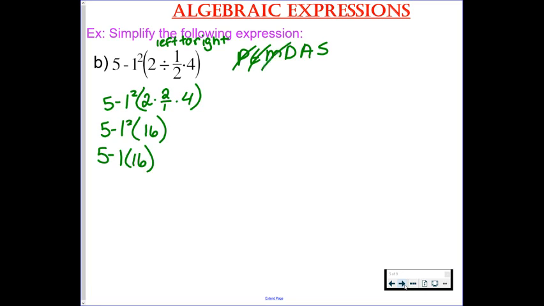Next, I'm going to do the multiplication. 1 times 16 is 16. No division, no addition, last is subtraction. 5 minus 16 is negative 11. So that's how you simplify that expression. Again, if you have division and multiplication in the same problem, you want to simplify those left to right.